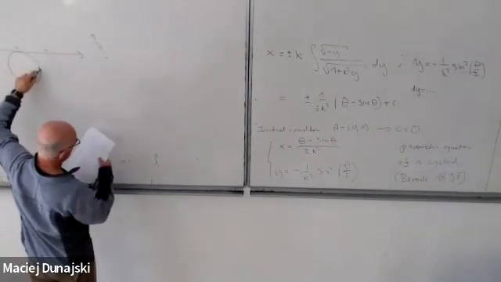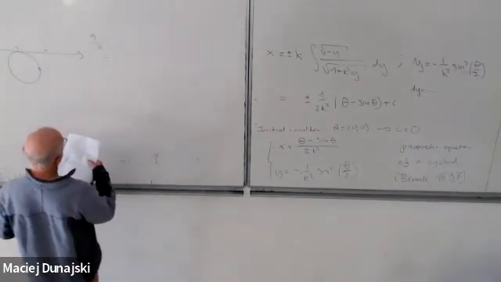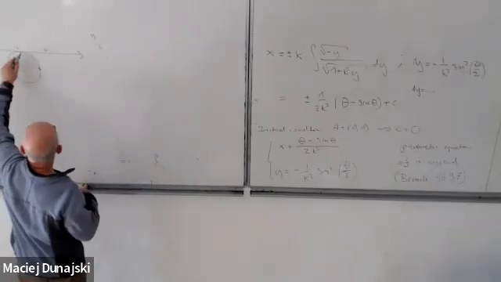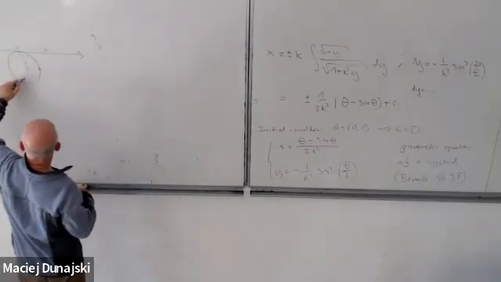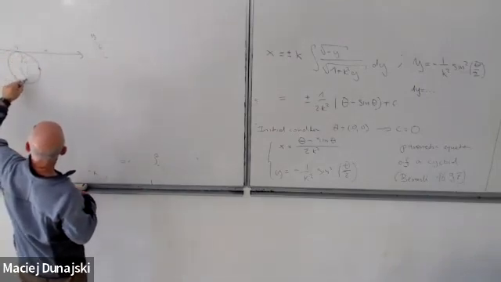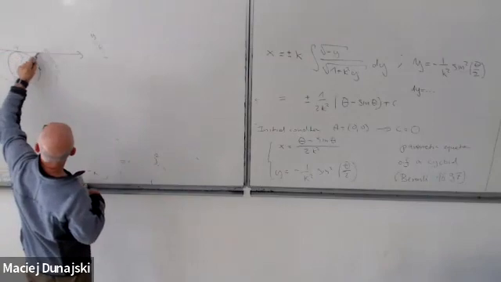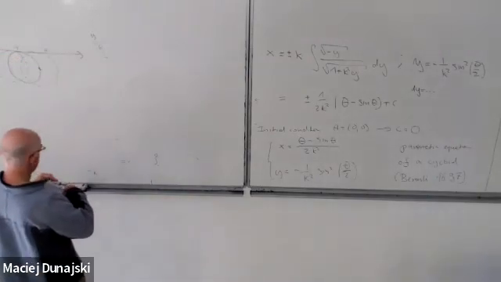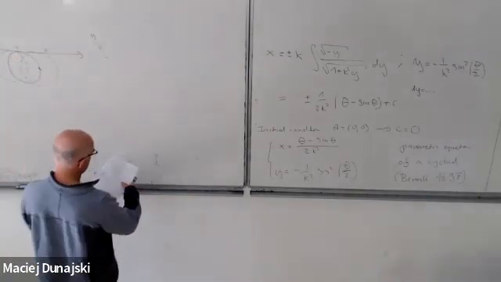And this circle will have a point, but this circle rolls, and when it does, the point rolls with it.